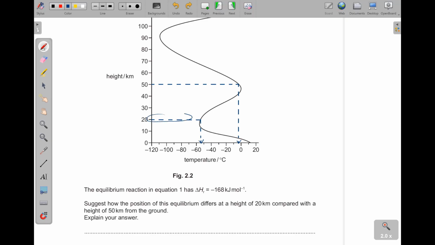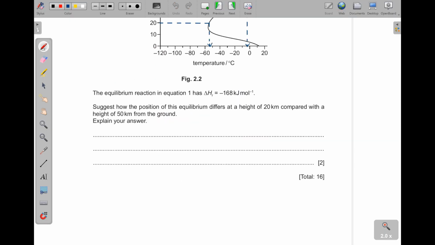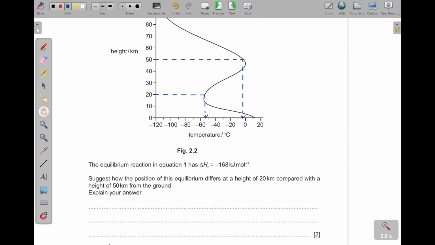So at 20 kilometers, the temperature is colder. In fact, let me first tell you something here. The position of equilibrium at 50 kilometers. What are we seeing at 50 kilometers? It is here. Then we see the temperature is higher.